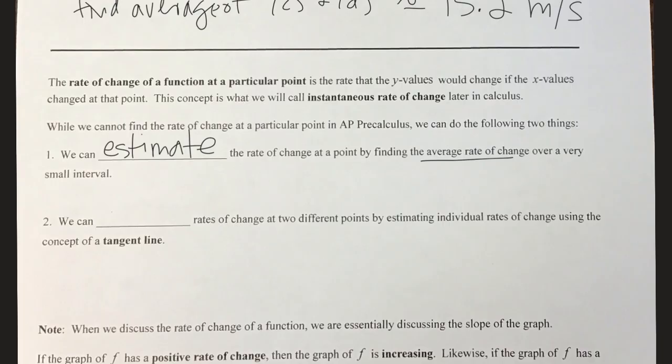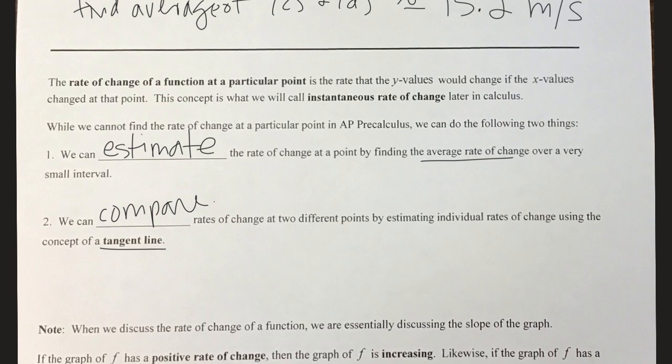Or approximate. In pre-calculus, we can't actually find the instantaneous rate of change because we need calculus for that and a derivative. Okay, and then we can compare the rates at two different points by using a concept called a tangent line.